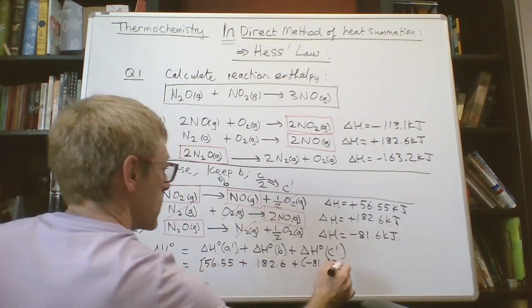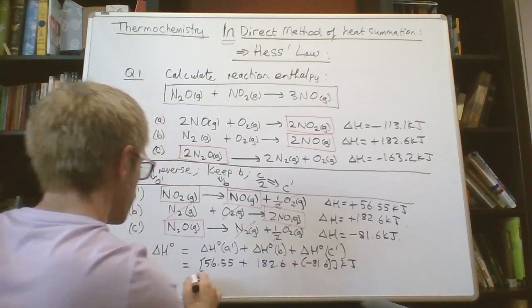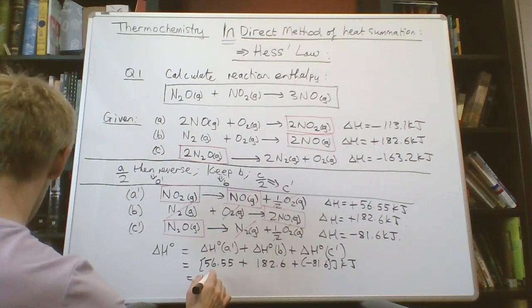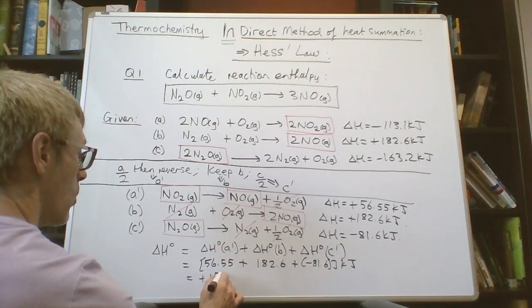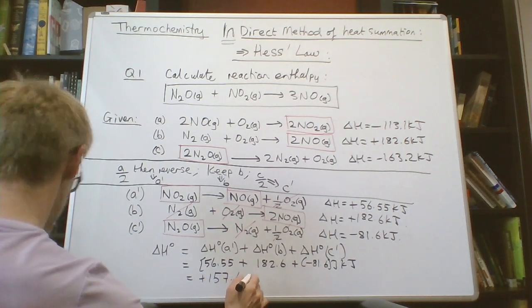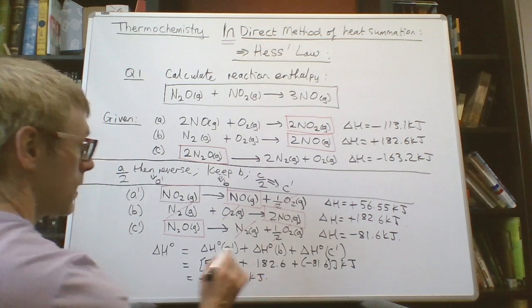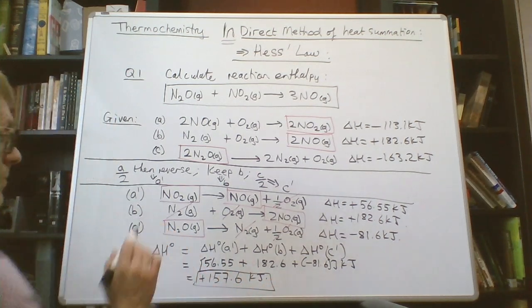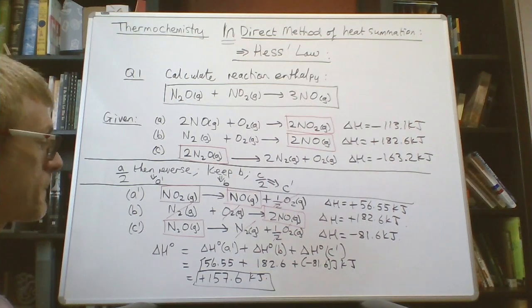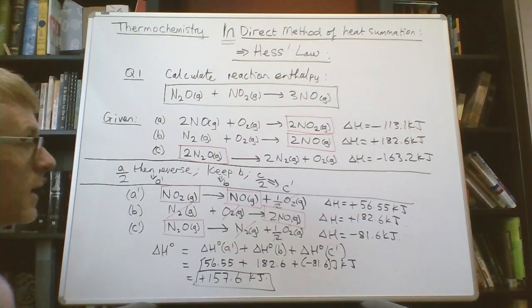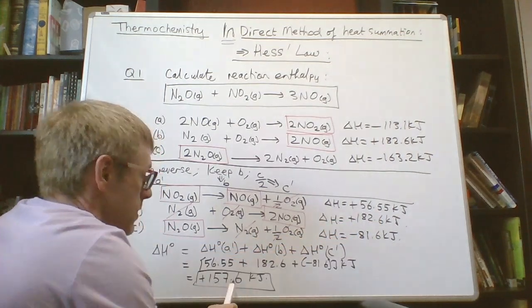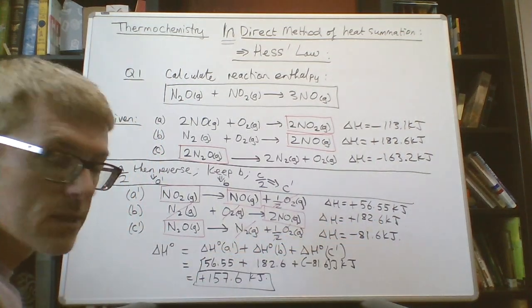All units are kilojoule. Gives me a final value of positive 157.6 kilojoules. Okay, and because I'm adding things with 2 decimals and 1 decimal, I have to preserve the lowest decimal, so I give this as 1 decimal.